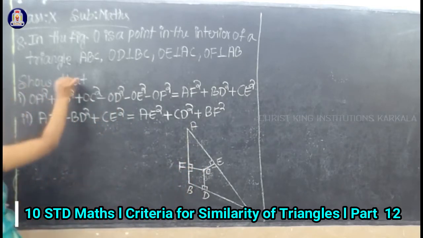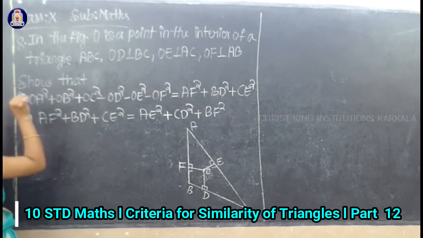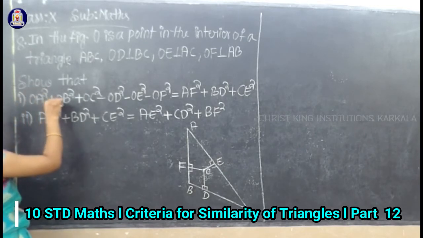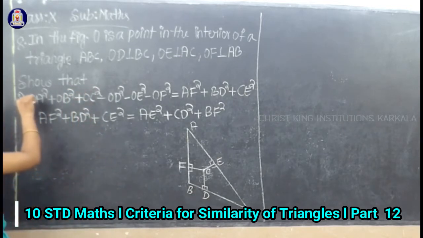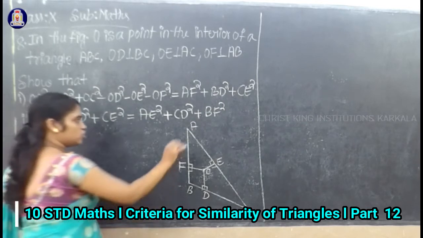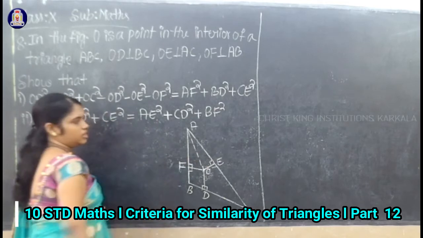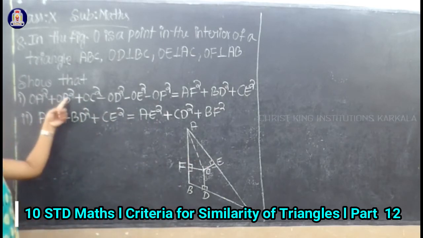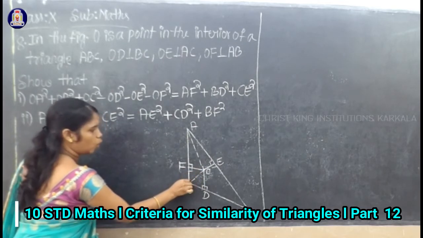Show that, first subquestion: OA square plus OB square plus OC square. OA square means what? I will join this O and A, this OA. Next, OB square is given, so I will join this OB.